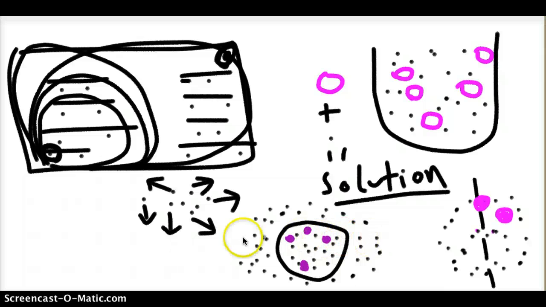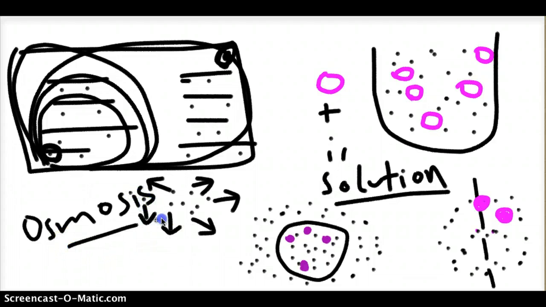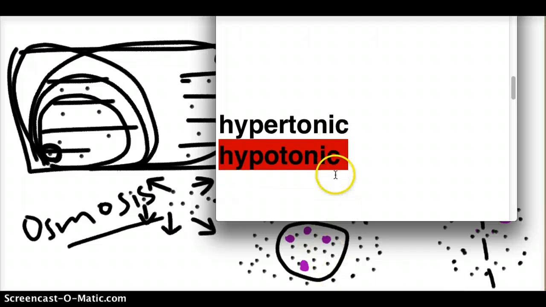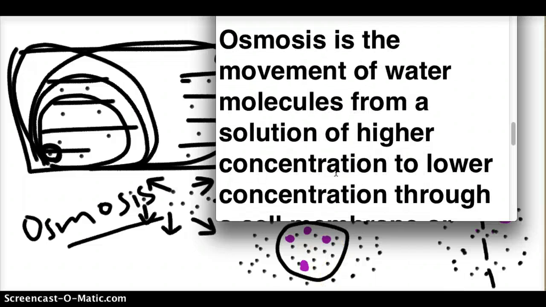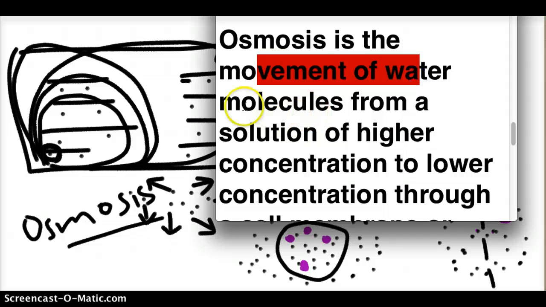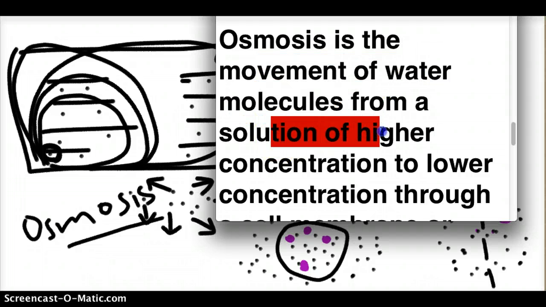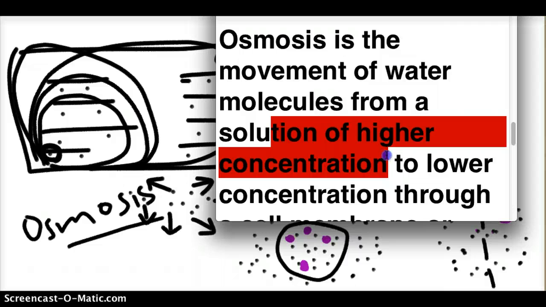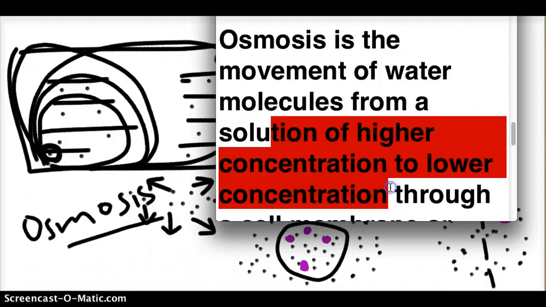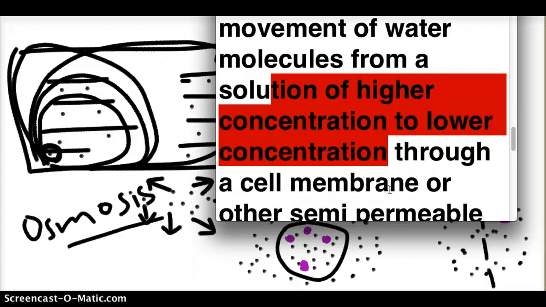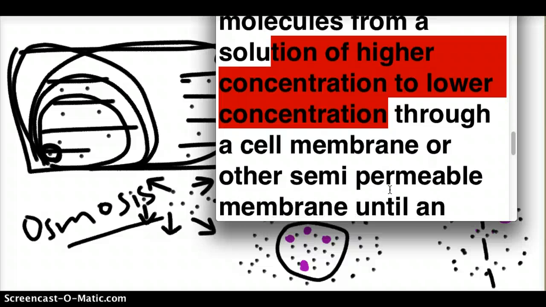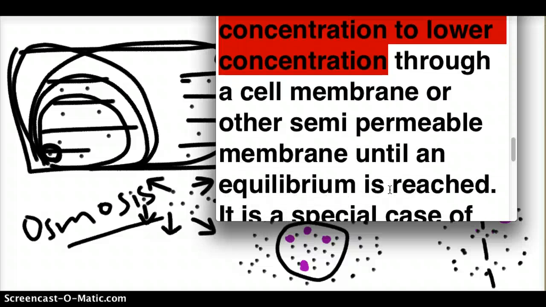So basically that is osmosis. Osmosis is the movement of water molecules from a solution of higher concentration, which is hypertonic, to lower concentration, which is hypotonic, through a cell membrane or other semipermeable membrane until an equilibrium is reached.